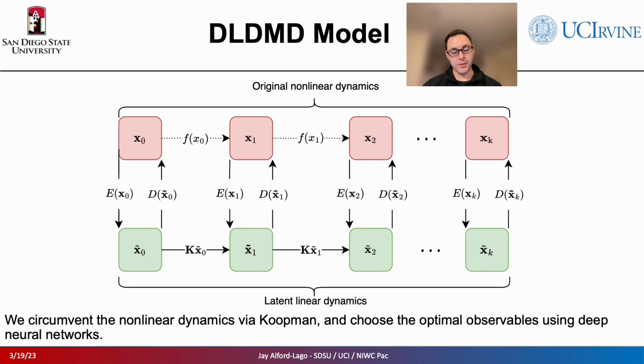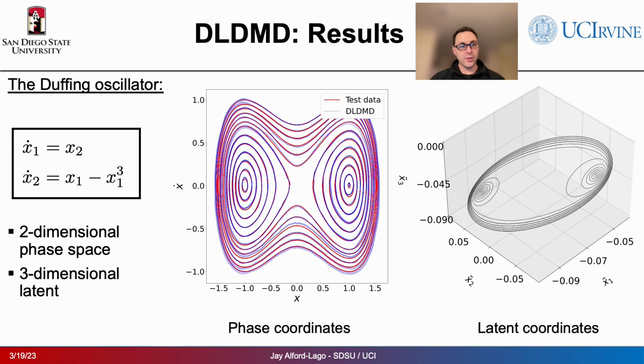To see the results of this, let's look at a simple nonlinear system, here the Duffing oscillator. This is a two-dimensional system where we see the trajectories in its phase coordinates mapped out here on the left, and its affiliated latent coordinates through DLDMD mapped out on the right. The two things to note are, one, we've allowed our encoder network to embed these nonlinear trajectories in a higher dimensional latent space.